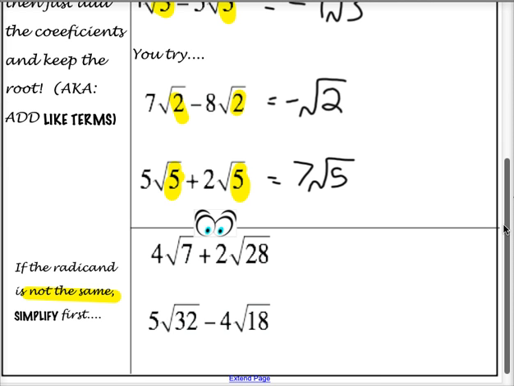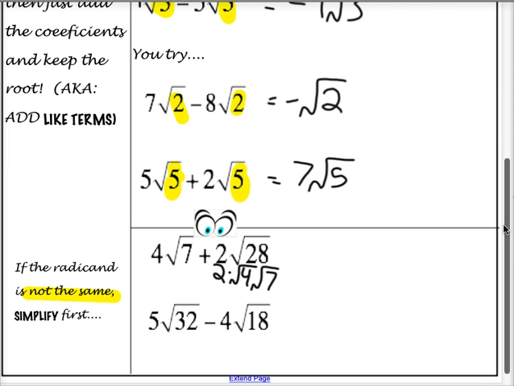Now, when we go back, and now we're looking at more difficult ones, 4 square roots of 7 plus 2 square roots of 28. What I want you to realize is that square root of 28, you can actually pull a 4 out of. Okay, so remember, when you're dealing with things where you can pull out a perfect square, you must do so.